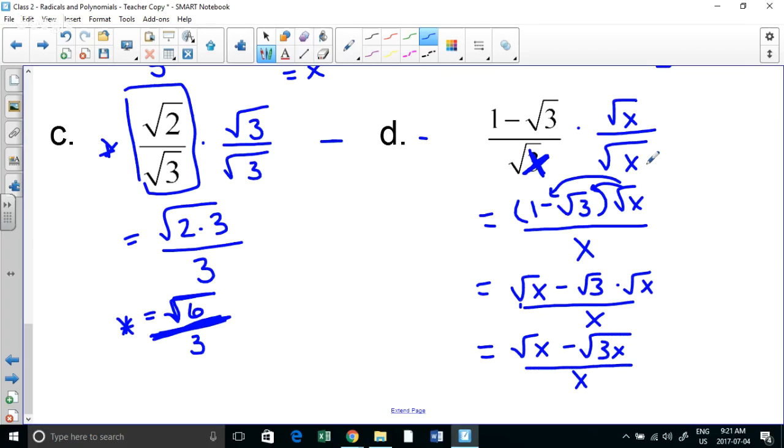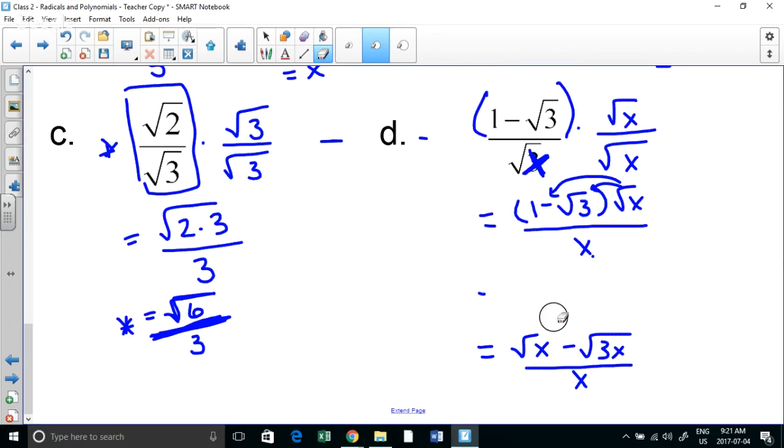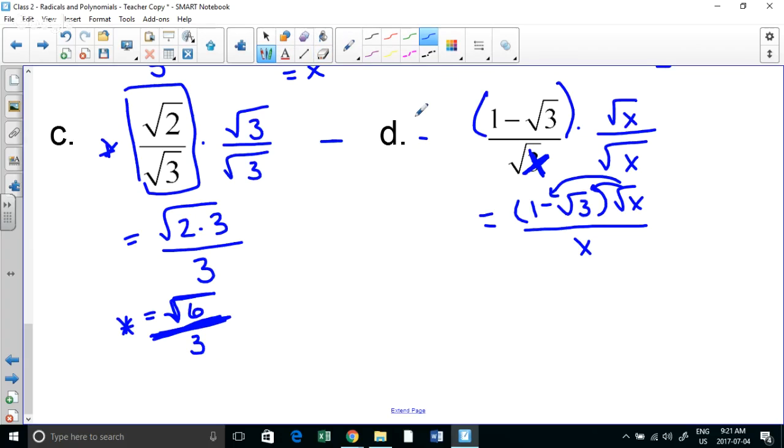Are we talking about this problem? Yeah. Okay. So here, we multiplied up by root of x, right? So there's this middle step that I guess I skipped that I shouldn't have. What happens here when I multiply is that this term multiplies by the first.